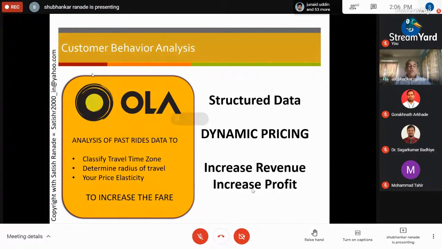And I'm sure many of you have experienced either Ola, Uber, or for that matter, any other taxi service provider. Now, the reason why I have taken Ola is because it actually encompasses all the three dimensions that we talked about. It targets to increase the revenue, it targets to increase profit, and it targets to increase the loyalty of the customer.